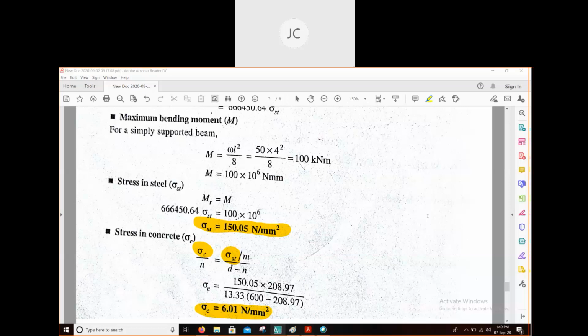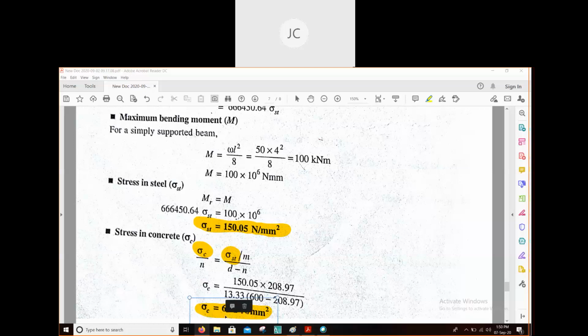Compression zone. I know it is the compression zone, but in which section of the compression zone? At every point your value cannot be maximum. I am asking for the maximum value. Top layer, sir. Yes, at the topmost layer you will get the maximum compressive stress.